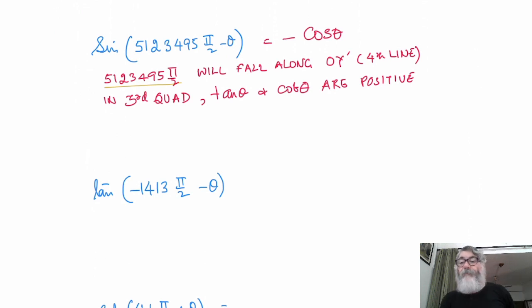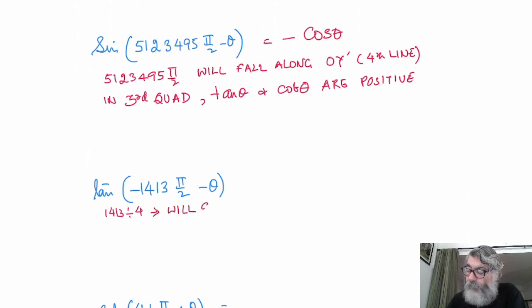So if it was a plus sign, it would have gone along line 2. Why? If it was plus, 1413 divided by 4 will give remainder 1.